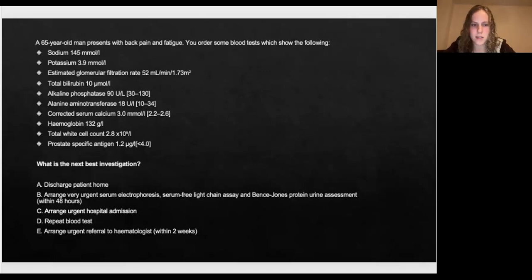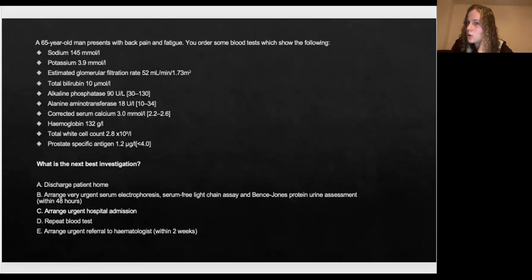Okay, so if anyone knows the answer, feel free to put it in again. Or just direct message is good too, if you prefer. Okay, so I'm going to start before I reveal the answer. What are the important findings on these blood results?